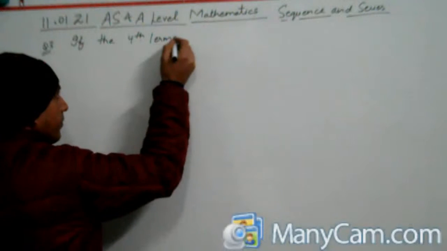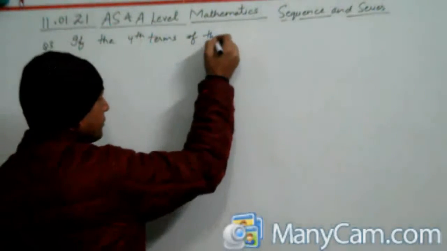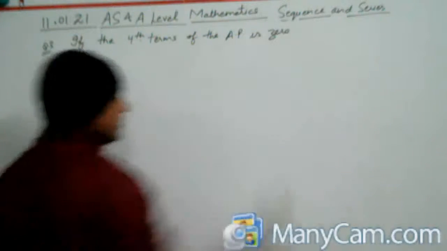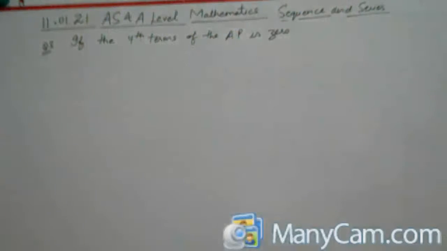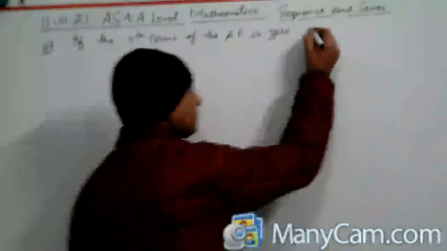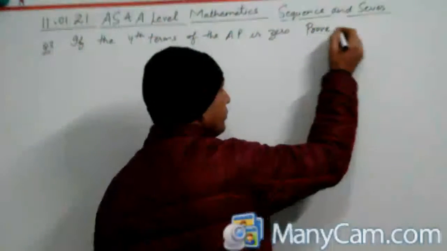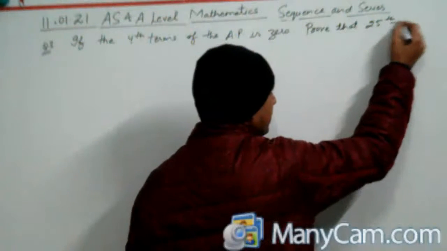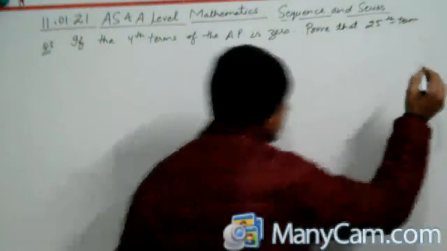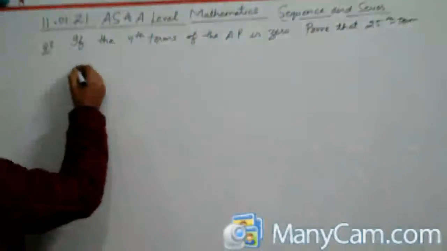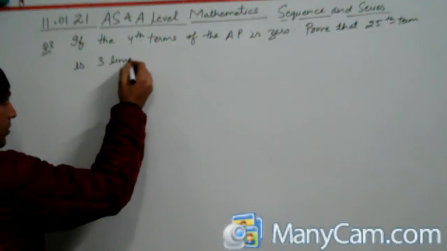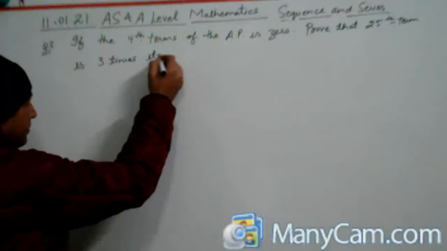If the fourth term of the AP is 0, prove that the 25th term is 3 times its 11th term.